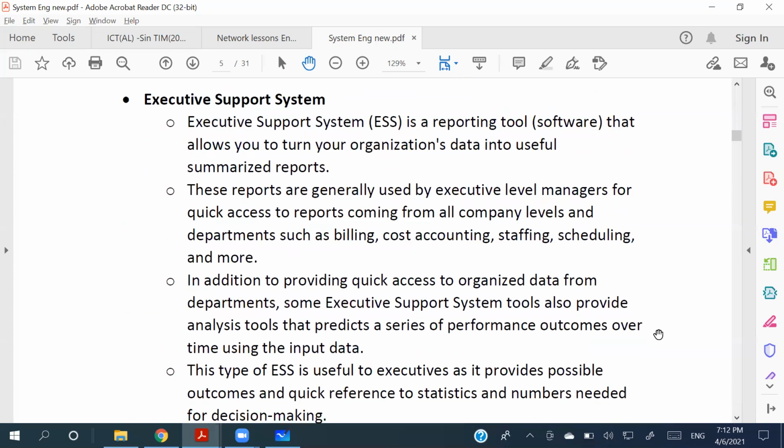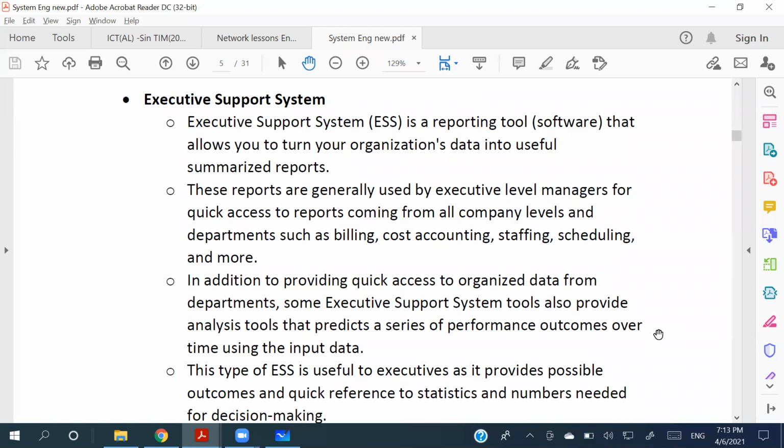And the executive support system, the ESS, works as a reporting tool for the executives. Executives means the top level management, like the CEOs and all these people.